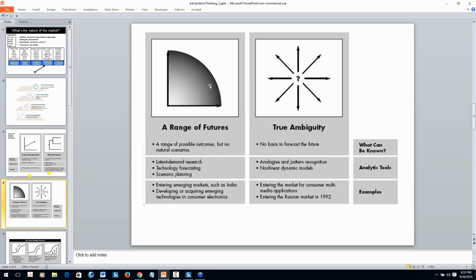And where we might do some forecasting either of technology or scenarios or currencies in order to prefer one strategy or another as we see how they all unfold in these different scenarios. And then in the last one, under true ambiguity, we don't have any justification in trying to forecast the future from past results.